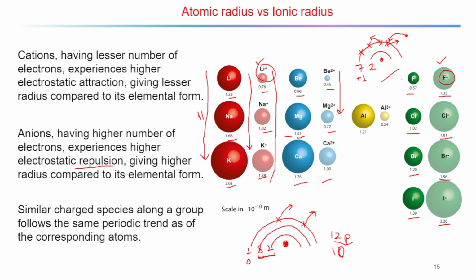These are not the same charges. Here it is plus 1, and here it is minus 1. So you cannot compare those to take the periodic trend, or compare plus 1 to plus 2. These are not similar charges. Only if you have similar charge species will this rule apply and the ionic radius trend exactly follow the atomic radius trend. Fine.